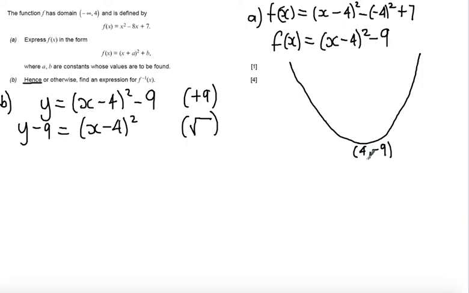Now, what's going to happen here is I'm going to have two roots. We can just put this like this for the time being. The y-intercept is going to be somewhere around here, so it's going to be like a 7 here. Now, looking at my domain, I go from minus infinity up to 4, so I'm just going to put the value 4 here.